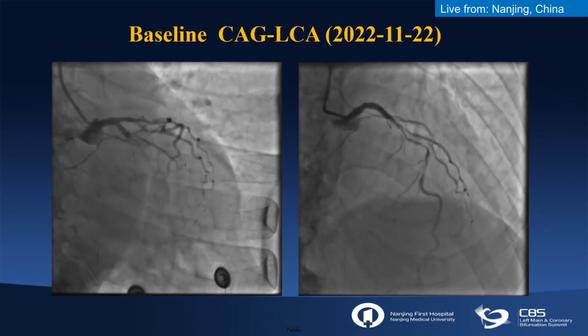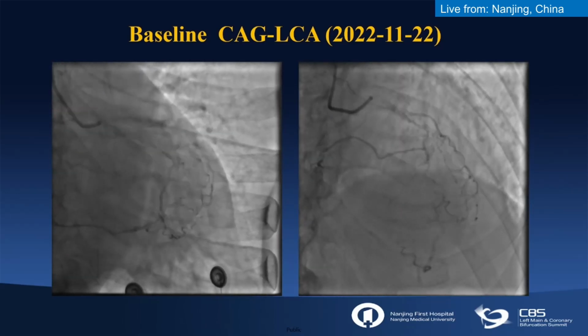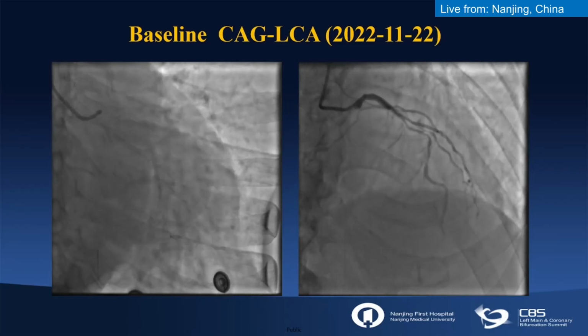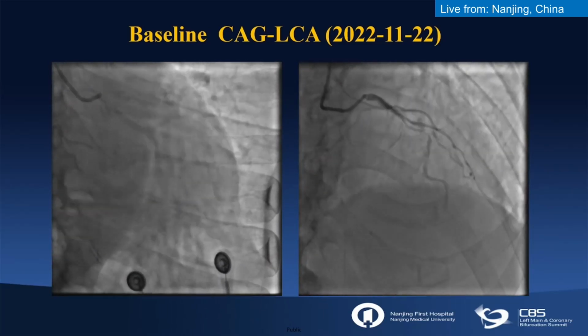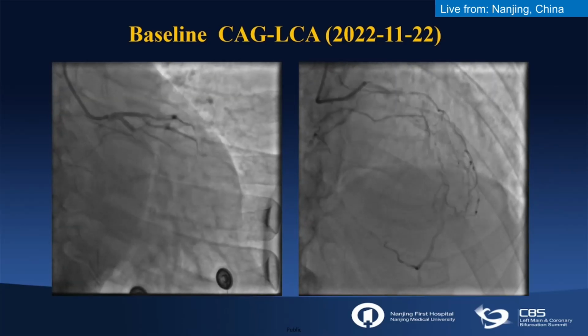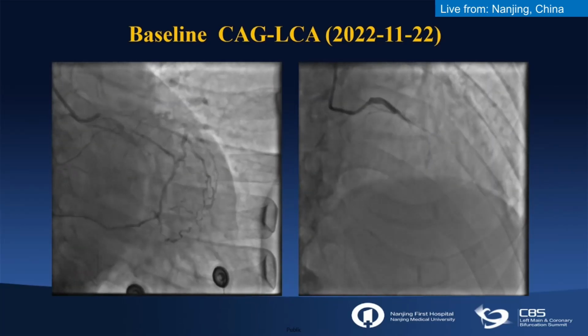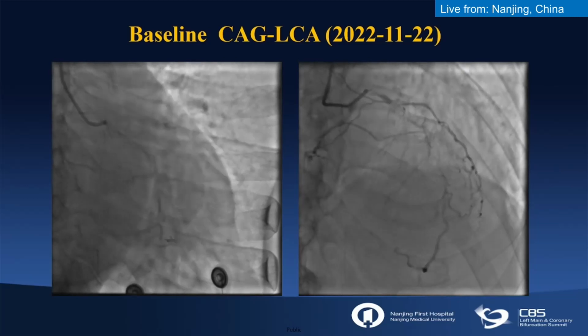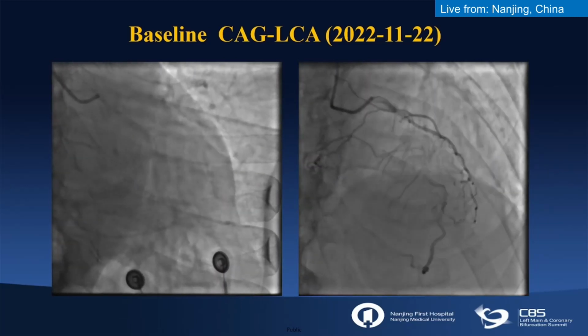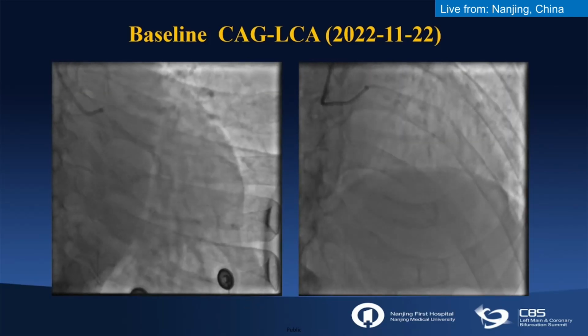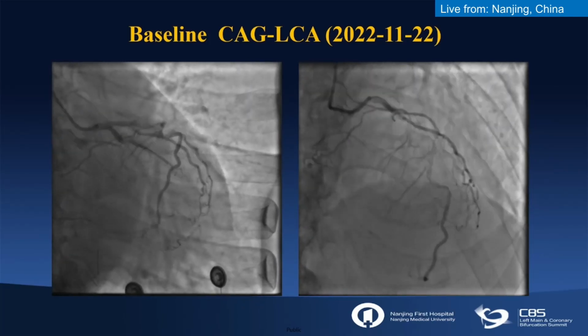The caudal and cranial position shows the LCX is total occlusion. And the proximal and middle segment of LAD has a serious stenotic lesion accompanied with a severe to moderate calcified lesion. The first diagnosis also showed a serious stenotic lesion.